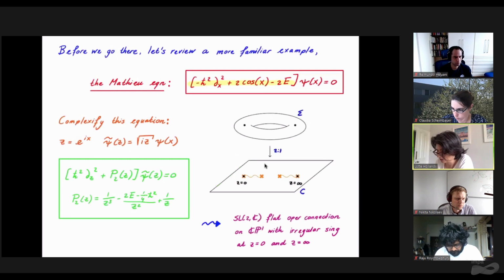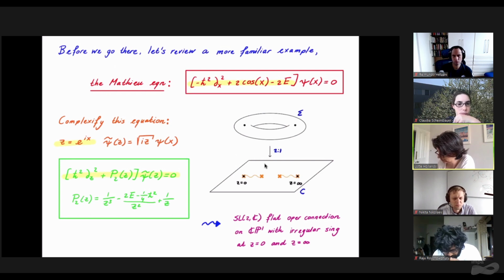So if we complexify this equation by introducing a new variable, C is e to the power ix, then this equation turns into this degree 2 differential equation in terms of the function P2 of C. And you can immediately see that this function has singularities at C is equal to 0 and C is equal to infinity.